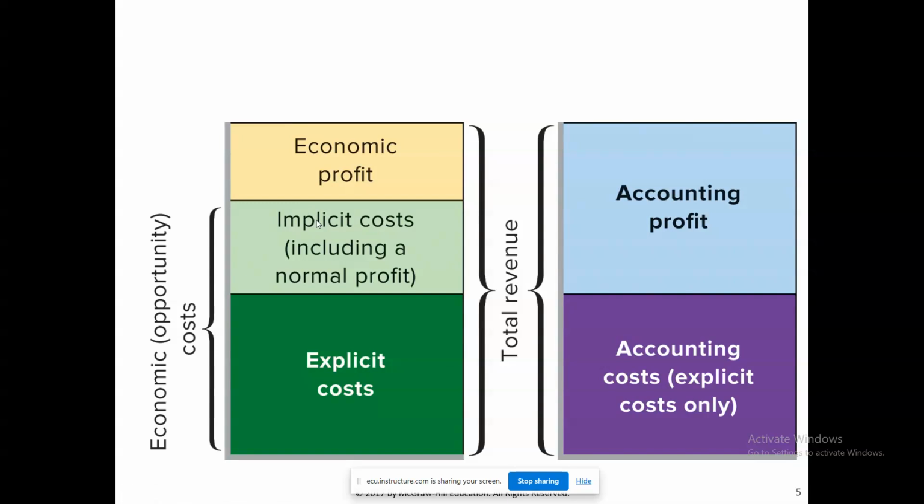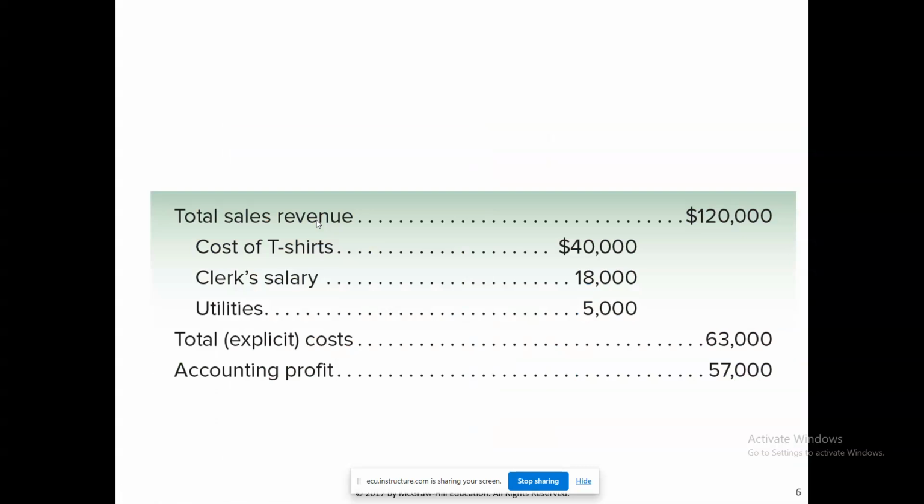Like, if you did not use your factory on your t-shirt business, what can you earn by using it elsewhere, such as renting out? How much rent you could possibly get. That's the opportunity cost of using your factory on your own t-shirt business.